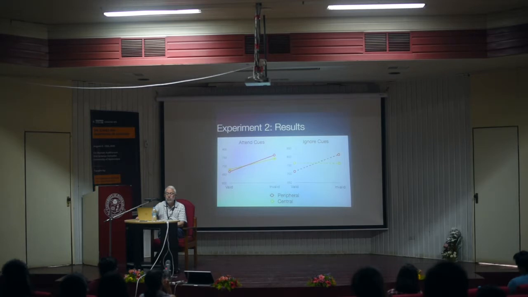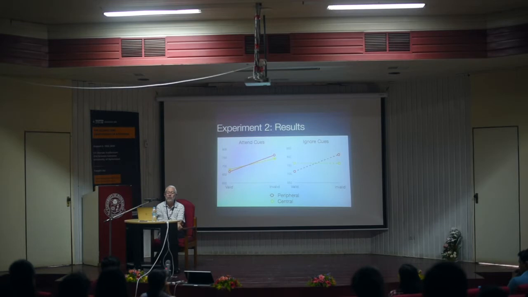There's a possible discrepancy between the results here and something I said in my previous lecture. Anybody have an idea what it is? So look at the green line on the right. You have an uninformative central arrow cue.